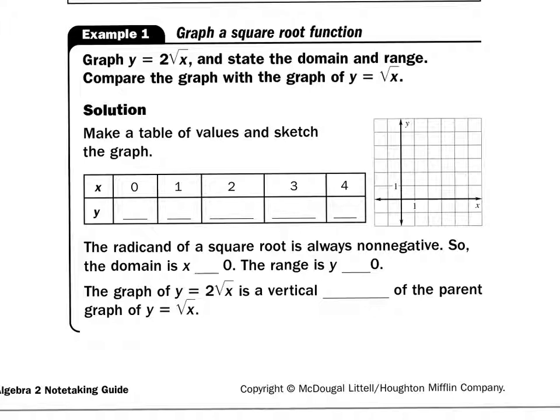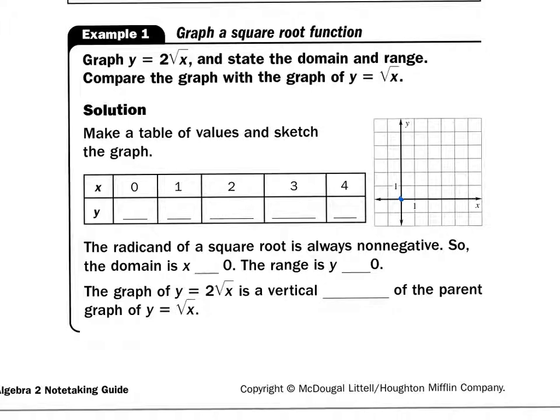Okay, example 1. Graph y equals 2 times the square root of x, and then compare it with the graph of y equals square root of x. Well, let's go ahead and graph y equals square root of x first if we want to compare it. So how about if we put in 0 for x, what do we get out for y? 0. What if we put in a 1 for x?